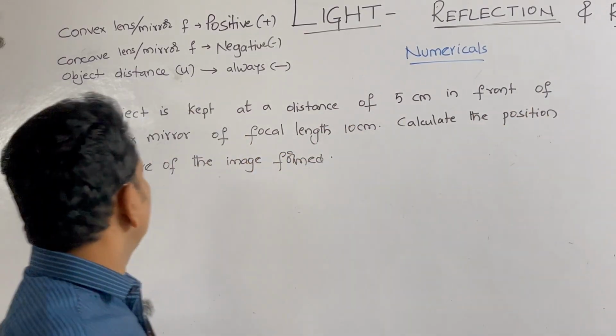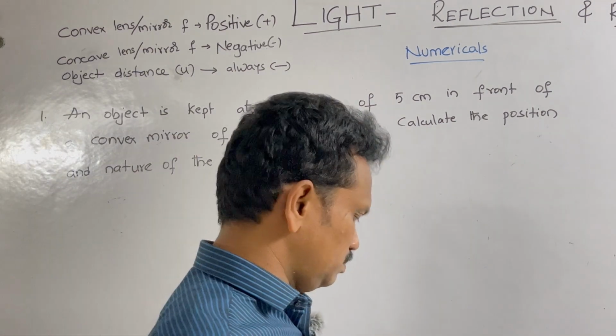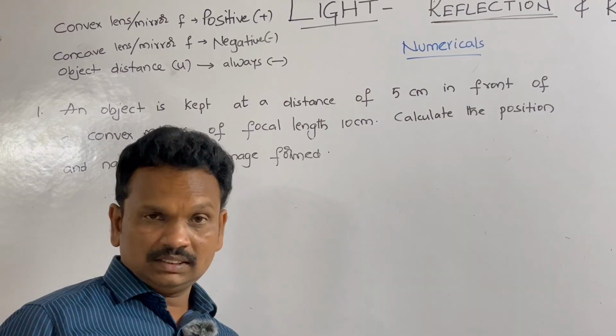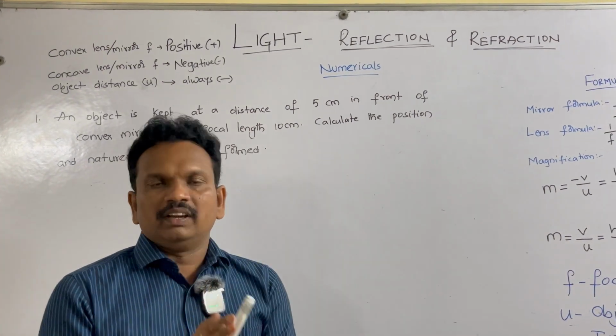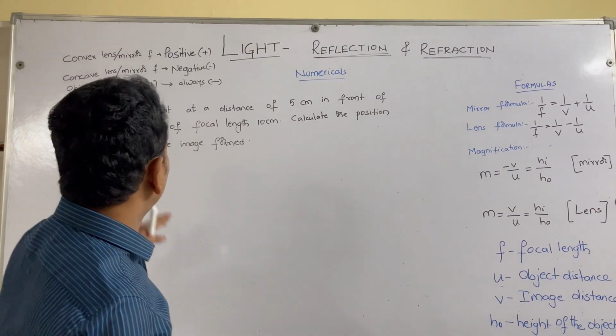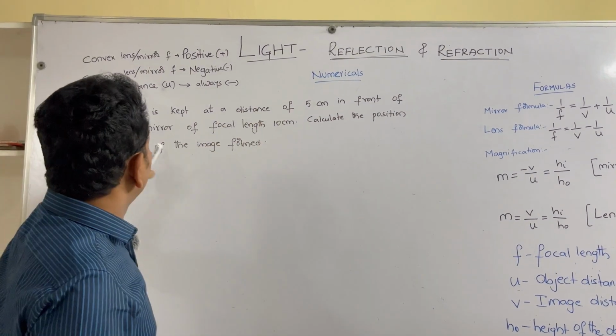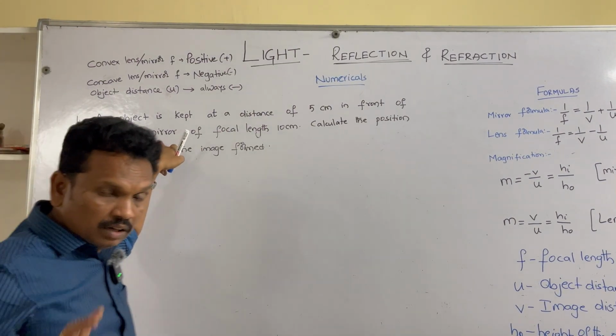Calculate the position and nature of the image formed. First of all, before starting the numerical problem, we need to check the given lens or mirror. Here, a convex mirror is given.